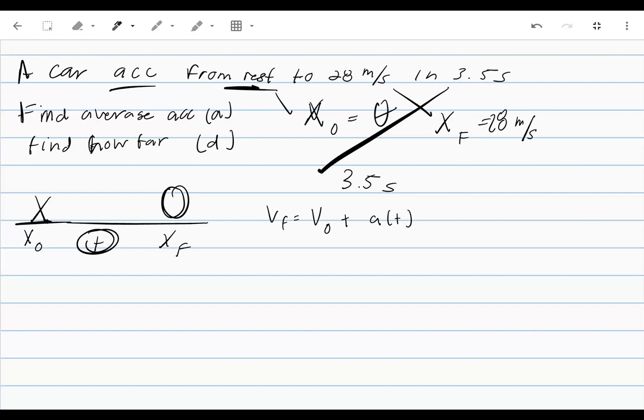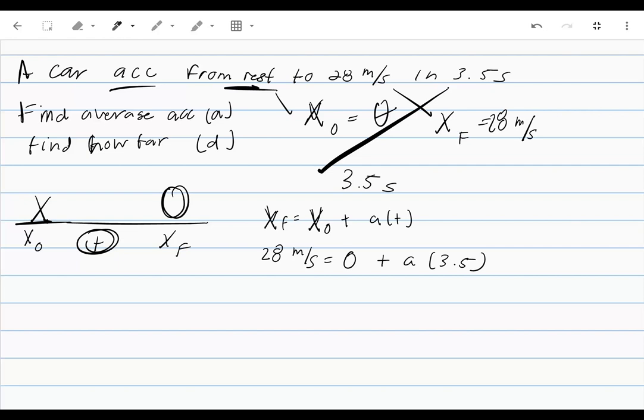So let's change these to v's. Then you would just use your given variables: 28 meters per second equals 0 plus a times 3.5. And from here you would just solve for a.